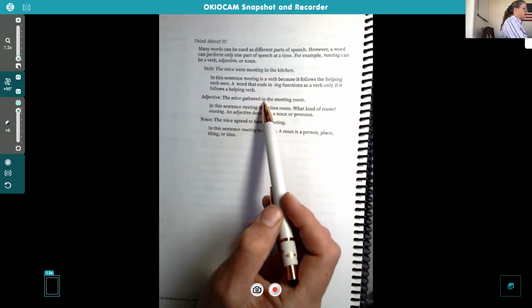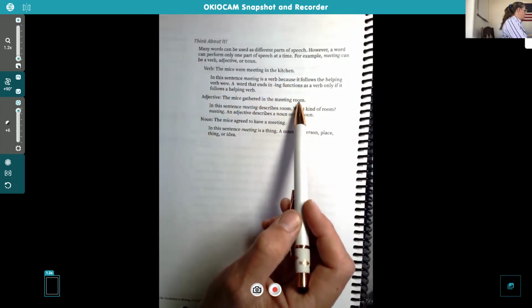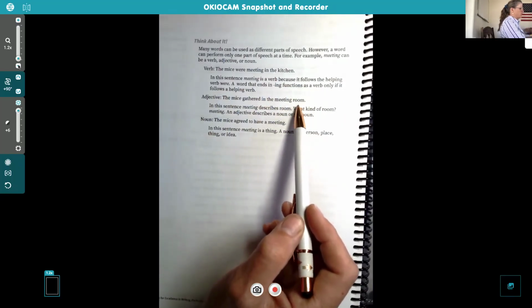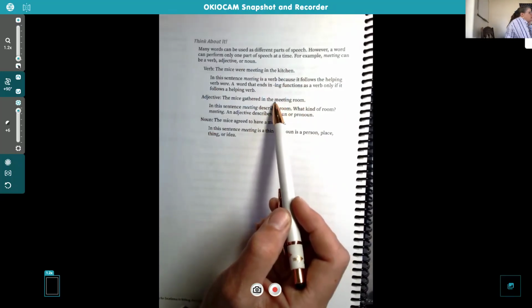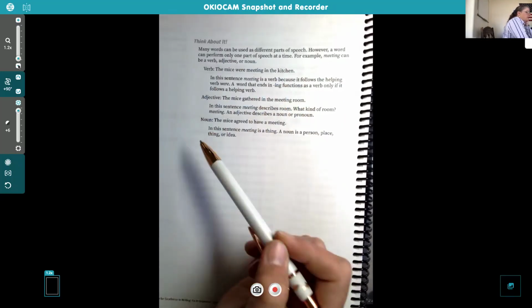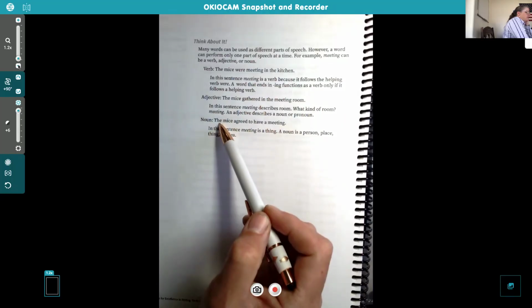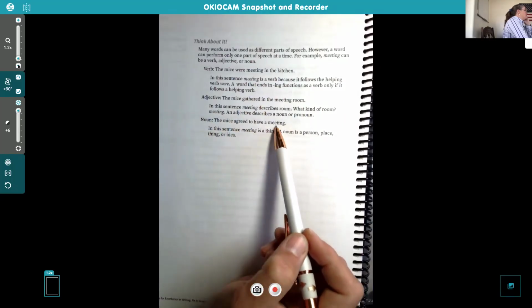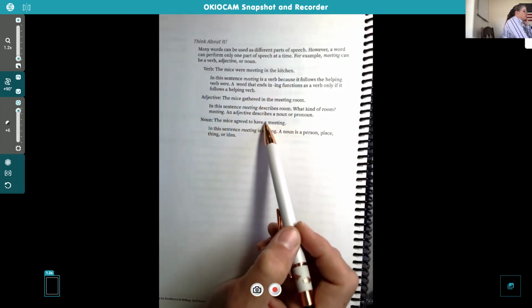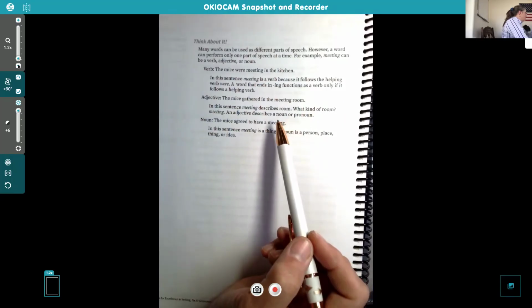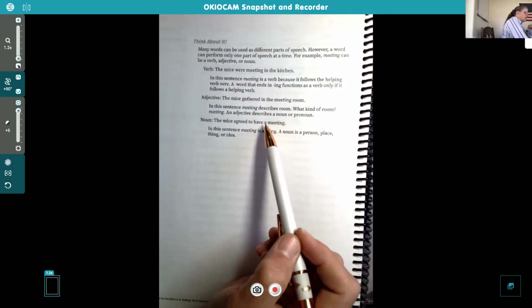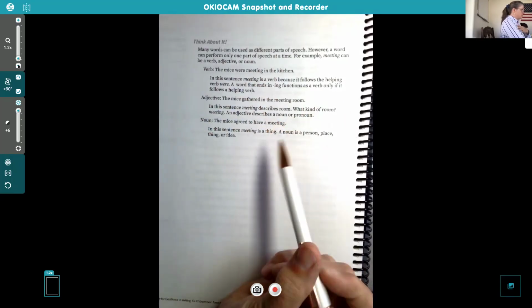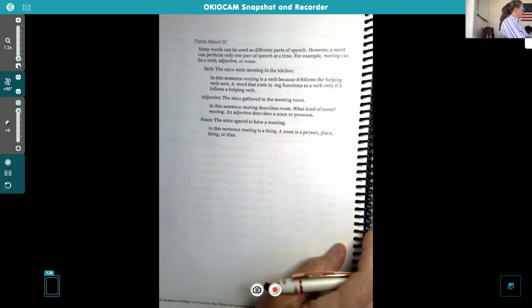The mice gathered in the meeting room. It's telling what kind of room it is. So that means it's an adjective. It's telling what kind. So the meeting room. And then here it is as a noun. The mice agreed to have a meeting. Remember, whenever we have an article, a, an, or the, it's a clue that a noun is coming. It might be the next word or the next word. So a meeting, that makes it a noun. Any questions about that? Okay.